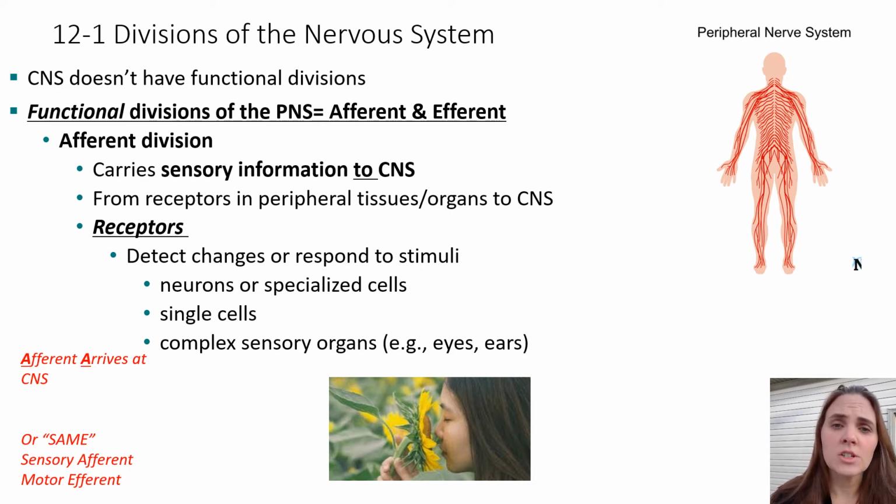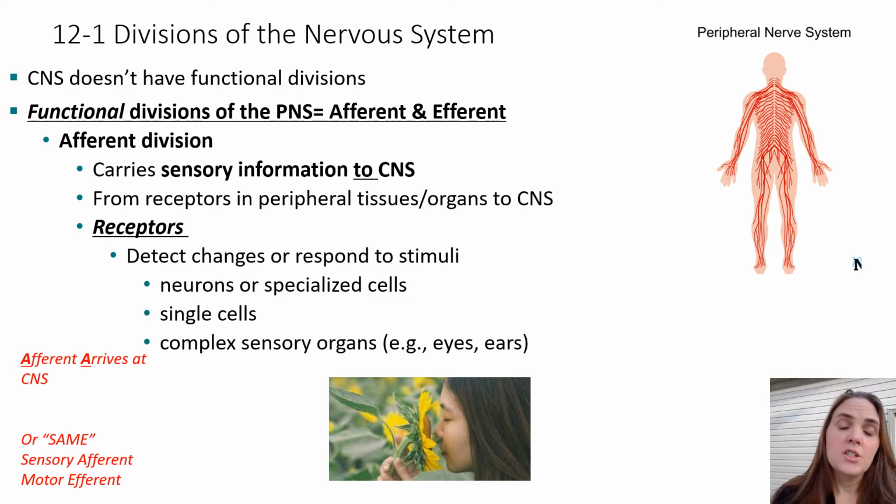The functional divisions of the peripheral nervous system include the afferent and efferent divisions. The afferent division is going to carry sensory information to the CNS. It's taking information from receptors in peripheral tissues and organs and bringing them into the central nervous system.